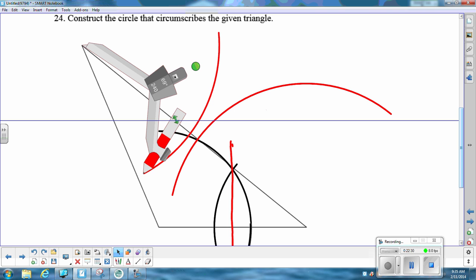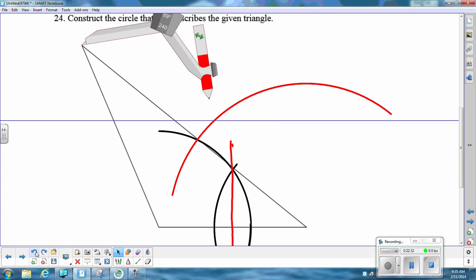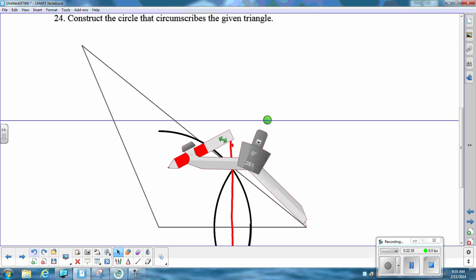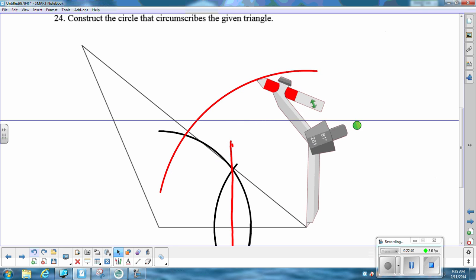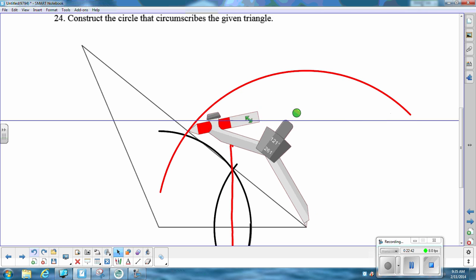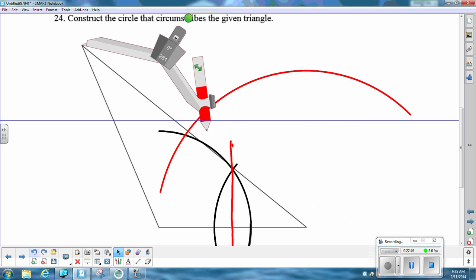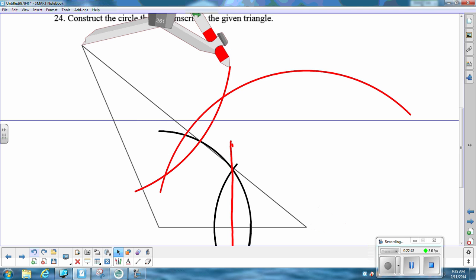Oh Lord, this is so big. All right, so make it even bigger. All right, now it should be more than halfway, so let's just draw our arc. Flip it around. Yes, this time it's more than halfway. Good.